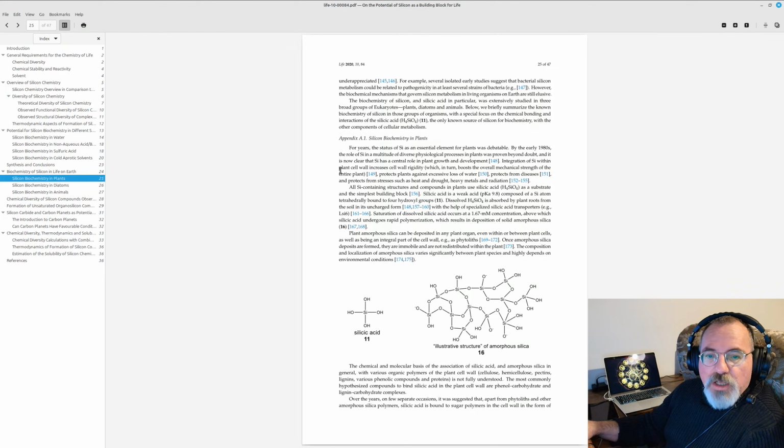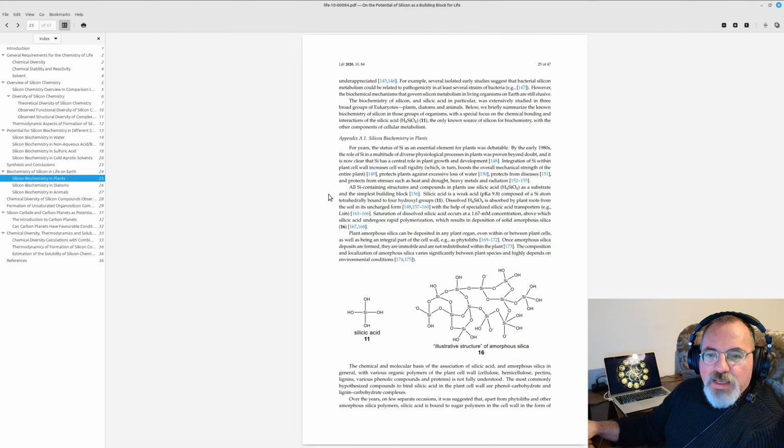increases cell wall rigidity, which in turn boosts the overall mechanical strength of the entire plant, protects plants against excessive loss of water, protects from diseases, and protects from stresses such as heat and drought, heavy metals, and radiation. All silicon-containing structures and compounds in plants use silicic acid, H4SiO4, as a substrate, and the simplest building block.